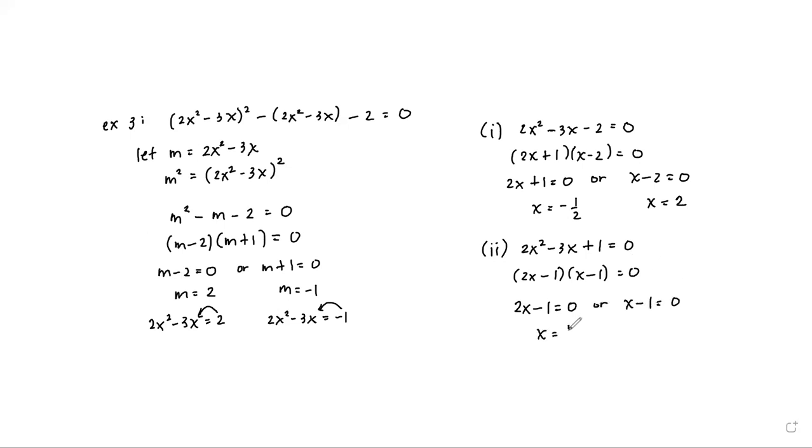And then solving for x, we get x equals positive 1 half and x is equal to positive 1. So our solutions for the given equation are negative 1 half, positive 2, positive 1 half, and positive 1.